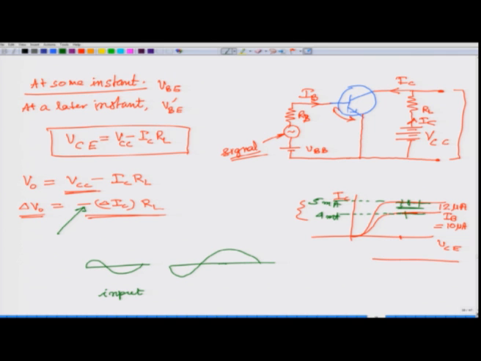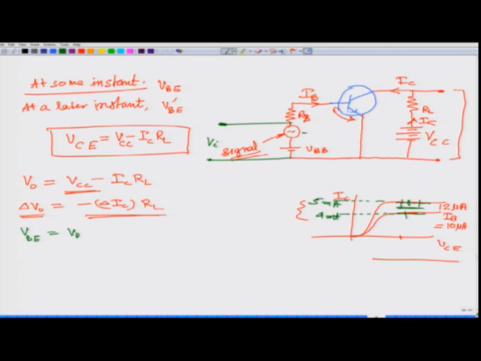We can do some more analysis on this. You can look at the input side also. Let us say this is my VI, my input voltage. The change in input voltage is because of this signal. So, I can write VBE is equal to VBB minus IB RB.